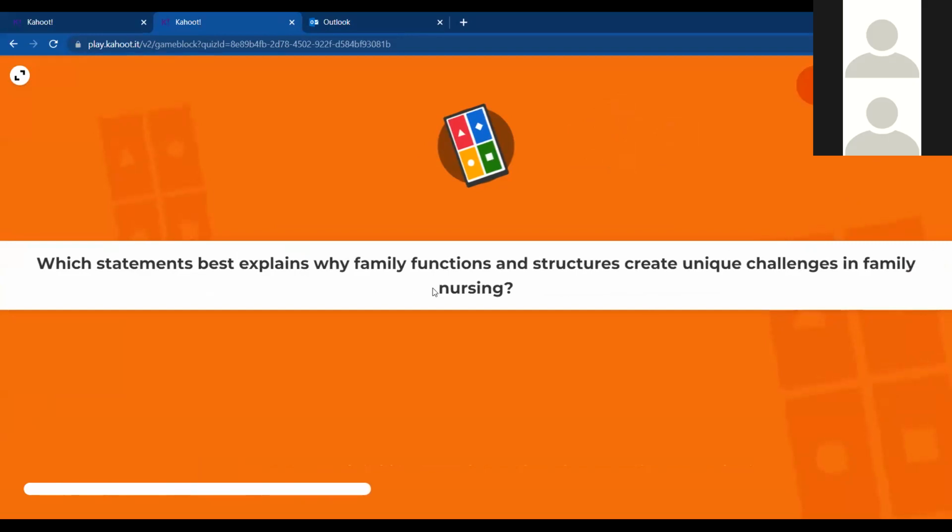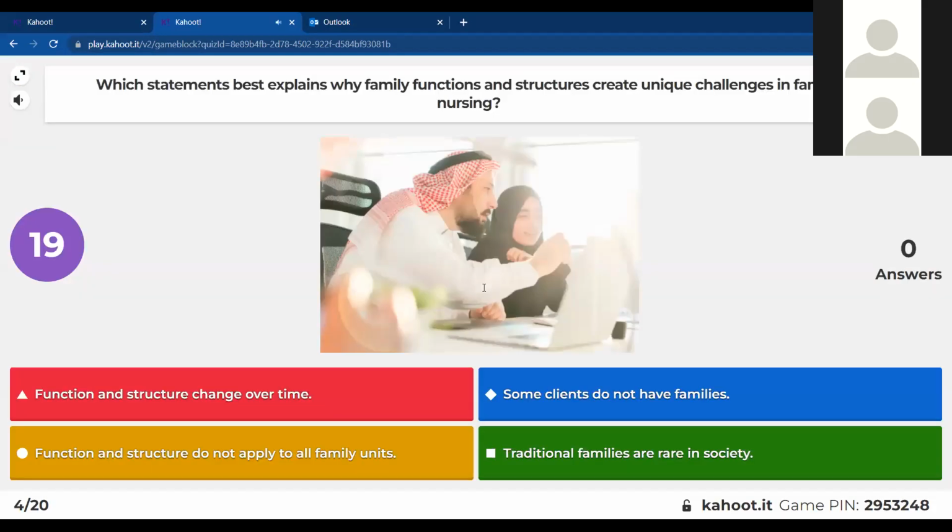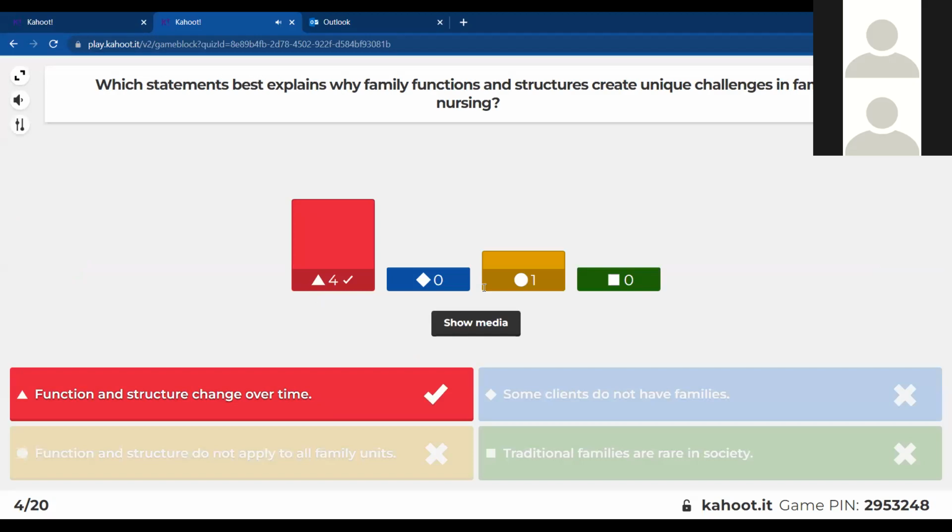Which statement best explains why family functions and structures create unique challenges in family nursing? We talked about this. Functions change over time. They don't apply to all families. They do not have families. And traditional families are rare in society. Remember, the fluctuation in family and the structures and who is going to take care of who, and who's working on Tuesday and who will be home on Wednesday, things are going to change every time with the family and structures.